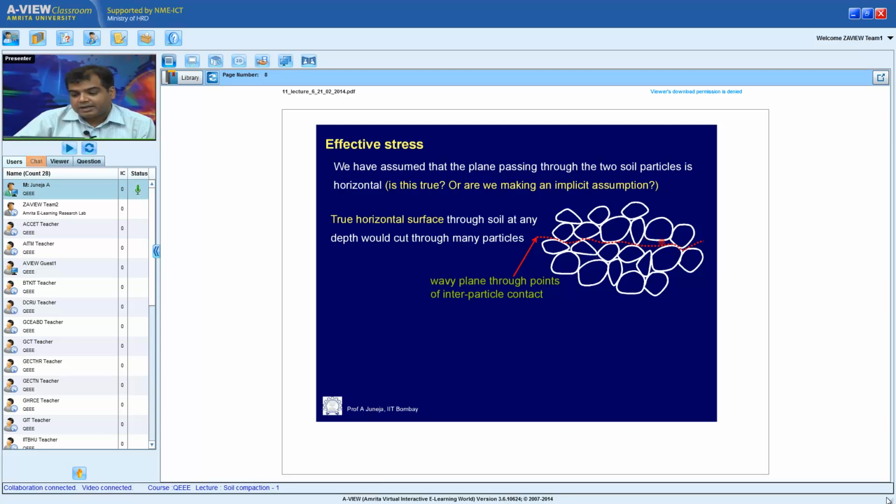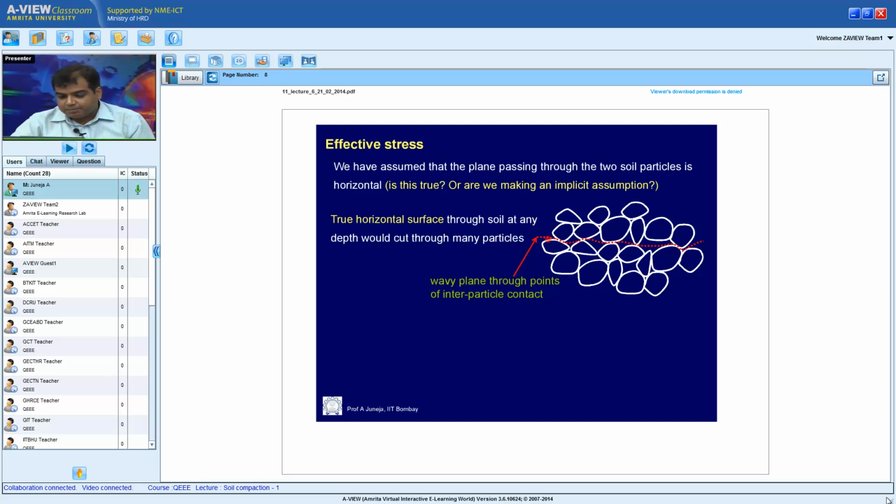All the particles are randomly placed, and when we speak about such particles, we speak about granular soils. So the previous slide, when we spoke about the particle to particle contact, we were effectively dealing with granular soils. In granular soils, the particles are randomly placed.